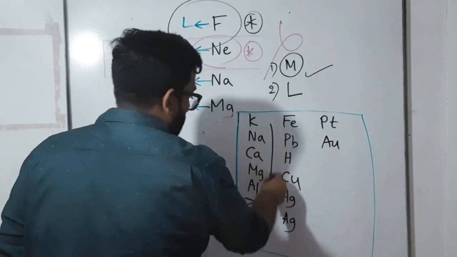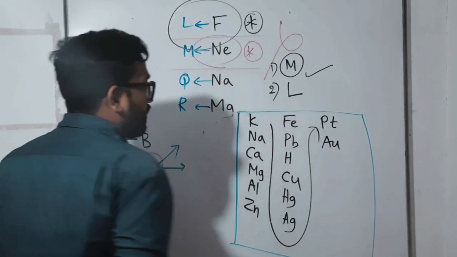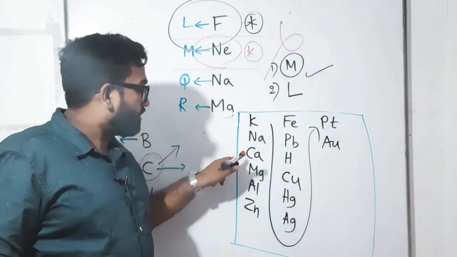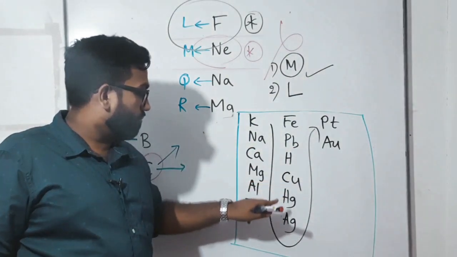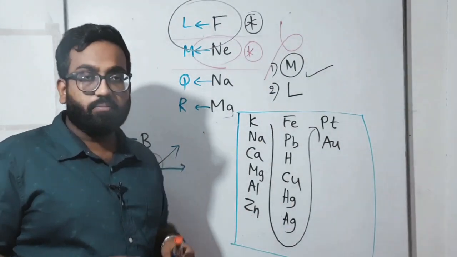So that is going like this. This is the correct order: potassium, sodium, calcium, magnesium, aluminium, zinc, iron, lead, hydrogen, copper, mercury, silver, platinum, gold.